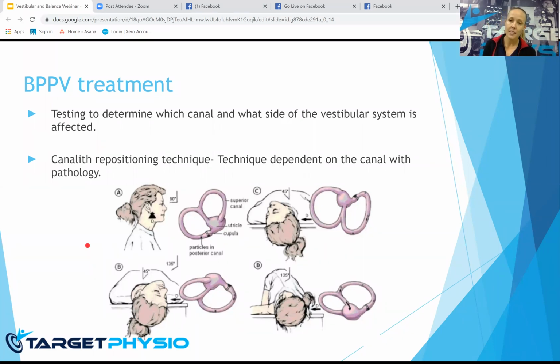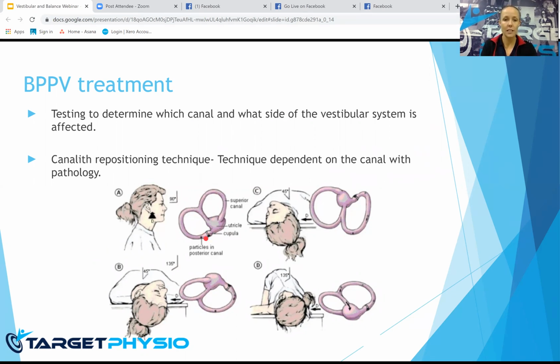And from that testing, we are then able to decide which canalith repositioning technique is needed. So the technique is dependent on the canal with the pathology and the side, as I mentioned. So this involves a series of head movements that get the crystal to move from within the canal back around into the utricle where it came from.